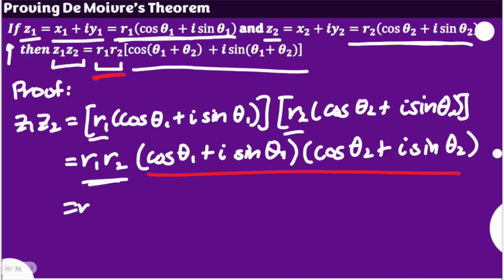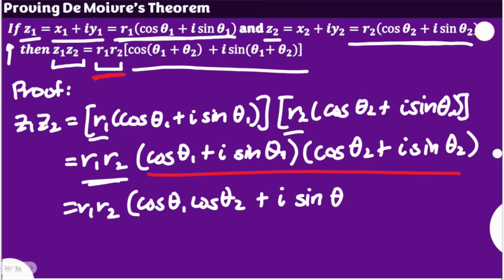So we have here r sub 1, r sub 2. For the first terms, you have your cosine theta sub 1 and cosine theta sub 2. As you multiply the first terms, then multiply the inner terms, plus you can rearrange them. You can start with the theta sub 1. So you have i sine theta sub 1 cosine theta sub 2. For the outer terms, I'm talking about these two here, you have another plus i.